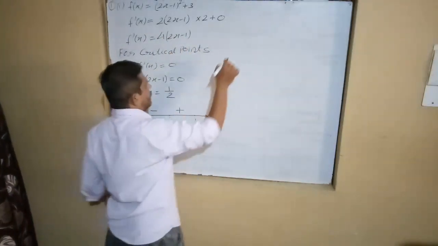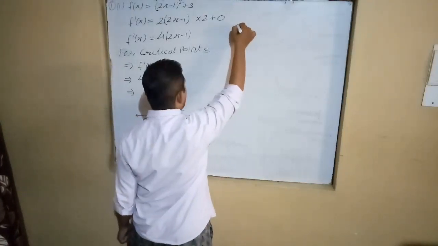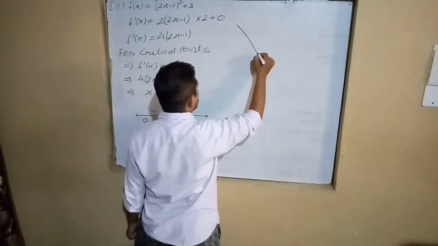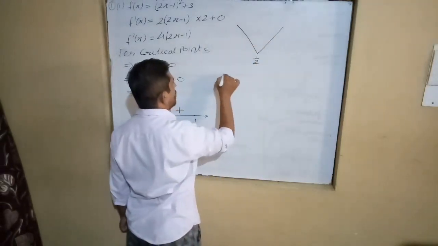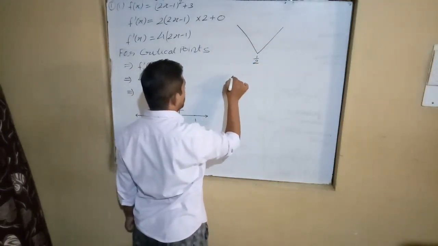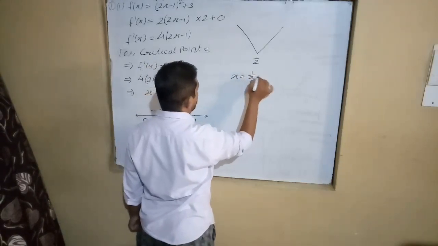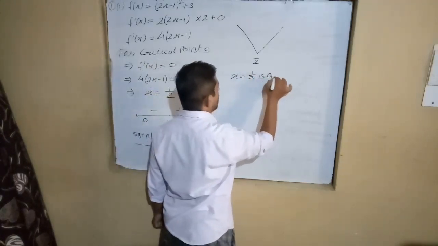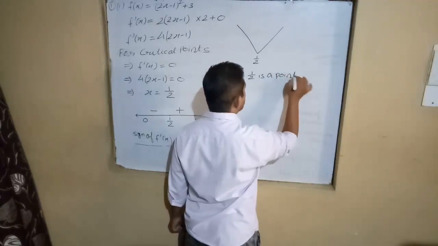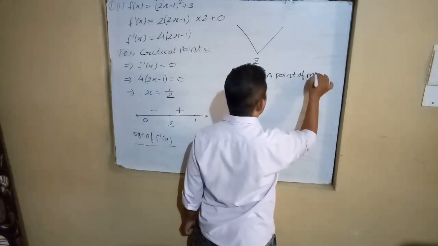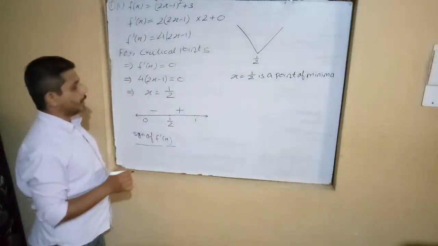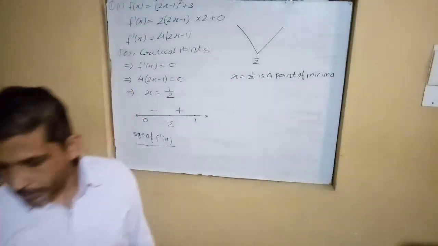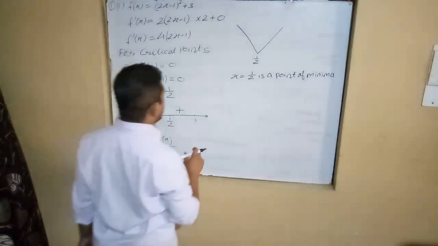Negative to positive means the function looks like this, minus then plus at the point 1 by 2. Therefore x = 1 by 2 is a point of minimum.